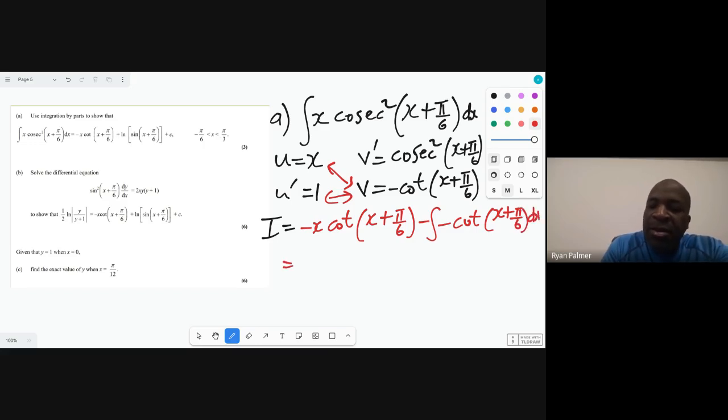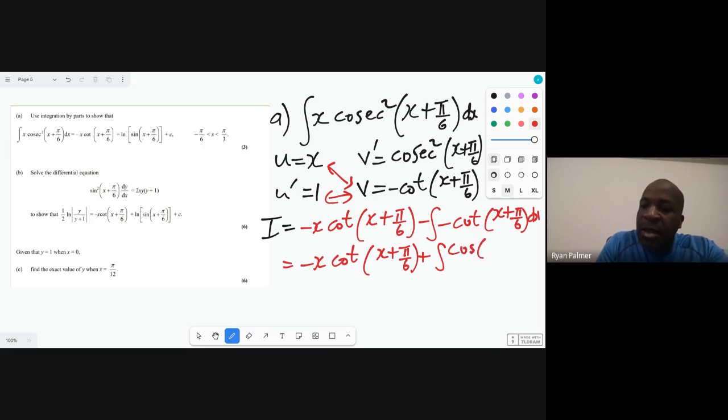We know that cot is cos over sine. So this is going to be minus x cot (x plus pi by 6) plus the integral of cos (x plus pi by 6) divided by sine (x plus pi by 6) dx.